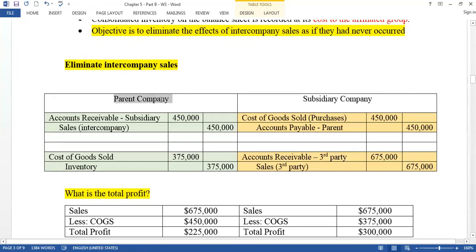If the parent company sells inventory, what is their journal entry? They record sales, which is credit, because they sell it to the subsidiary. That means it is related with intercompany. They record sales credit $455,000.